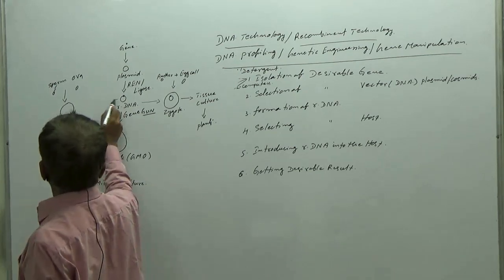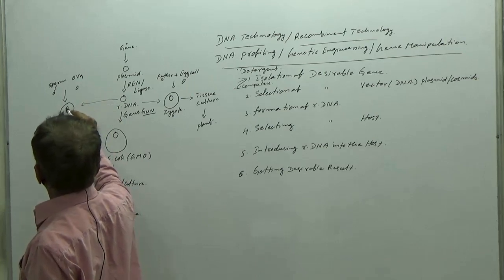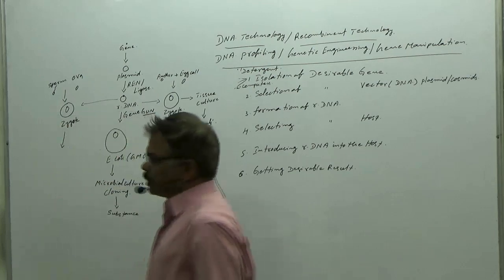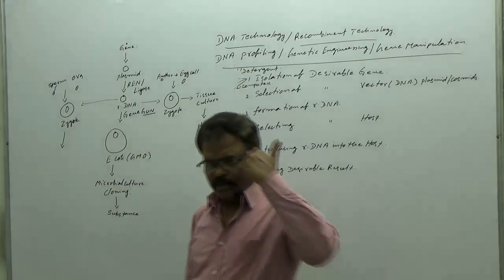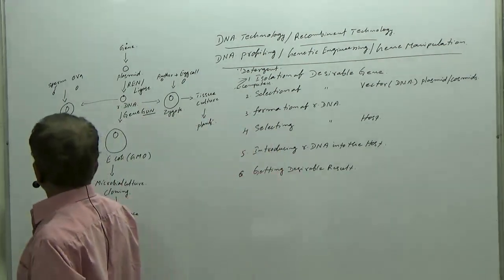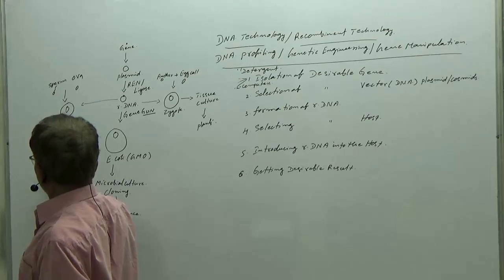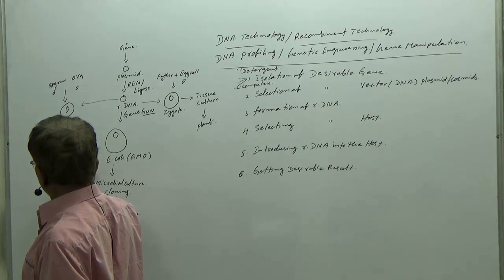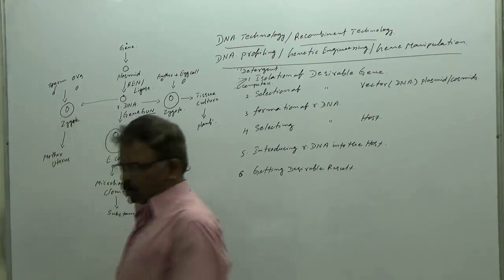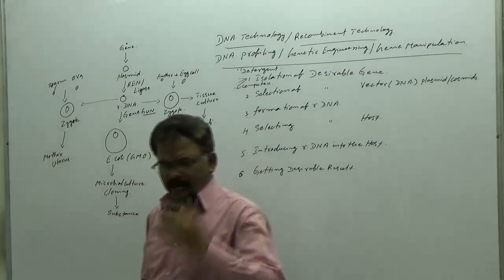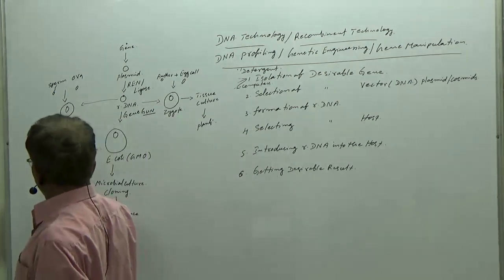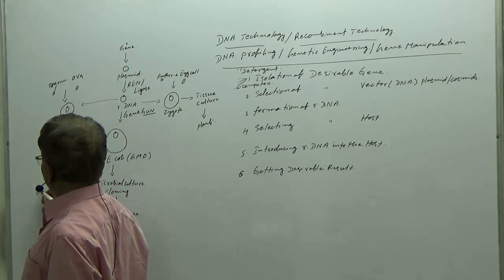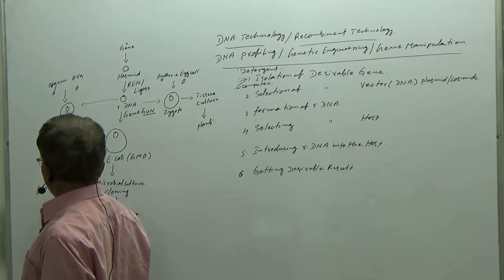Then they insert this rDNA into the zygote. Then finally they insert this zygote into the mother's womb, that is the mother's uterus, garbhashay. Then automatically the mother gives birth to that particular genetically modified animal.